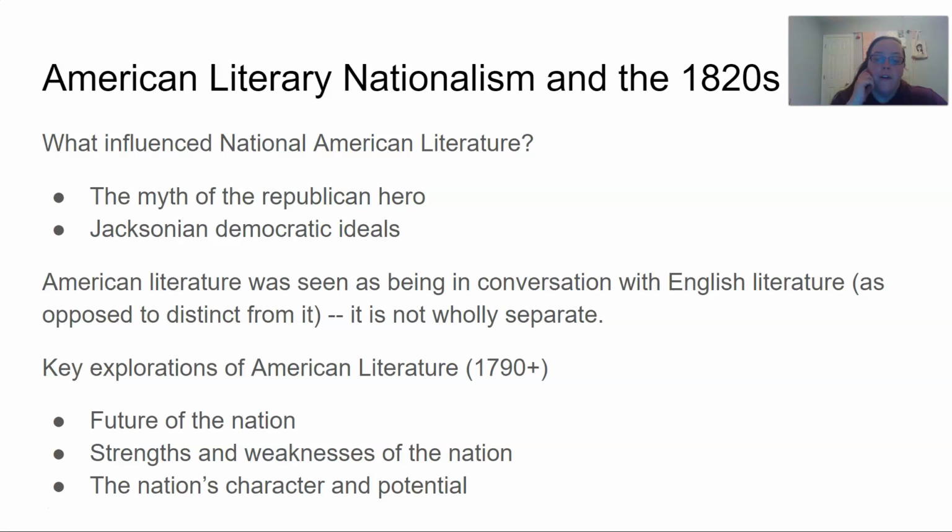And something that I like to think of, though our book certainly does not make this connection, is social media. I'm not trying to equate wonderful literary works with a tweet. But the concept is that people are thinking about the nation in a new way, and tons of content is being published, and we're going to look at that in a minute.